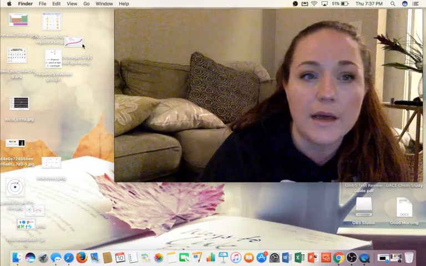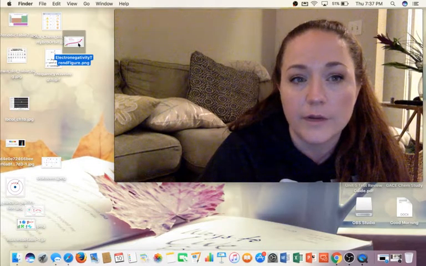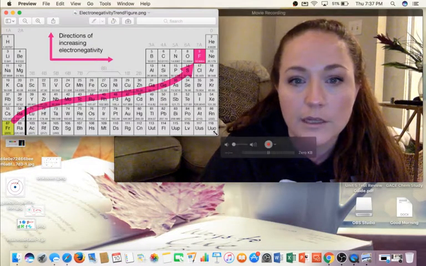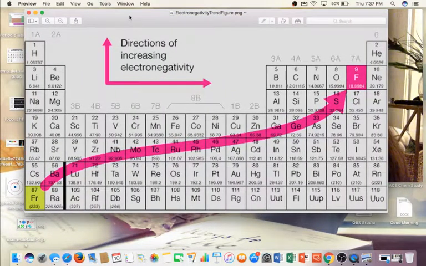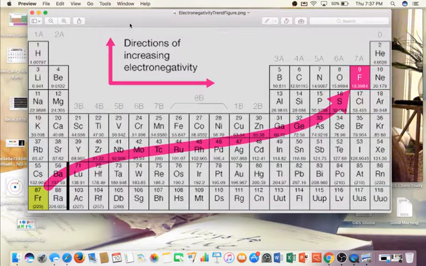So let's talk about electronegativity real quick. So I'm going to bring it up. So you notice that electronegativity decreases going downward and increases going across.